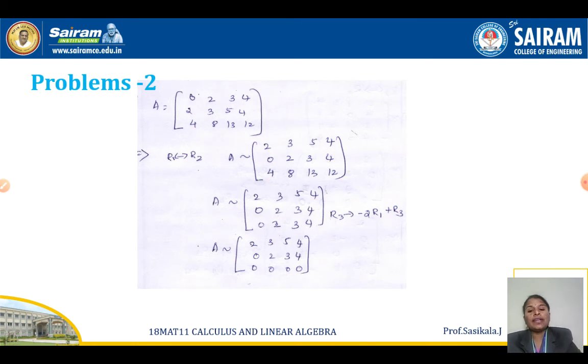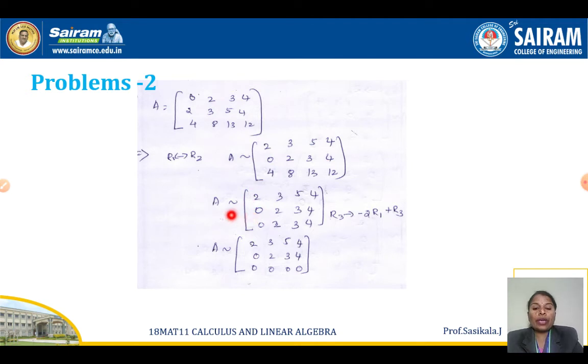Now the second row's first element is already 0. So what you have to do? You have to make the third row's first element and second element 0. As we discussed earlier in the previous question, to convert the first element of your third row, you must use your first row, right?